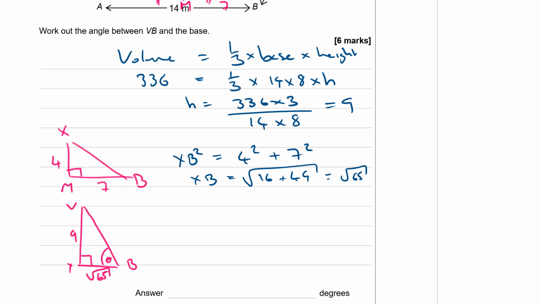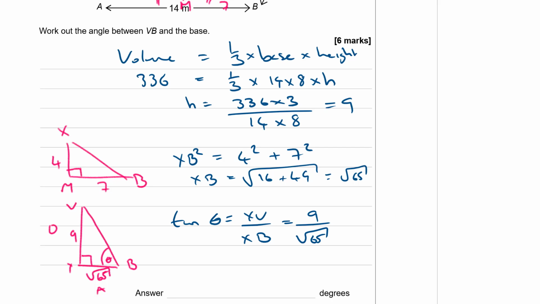So trigonometry in this triangle, if that's the angle I'm looking for, then 9 is the opposite and XB is the adjacent. So I need to use tan. So tan theta equals opposite, which is XV, divided by adjacent, which is XB, which is 9 over root 65.